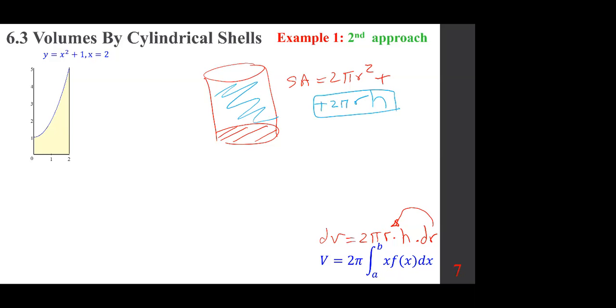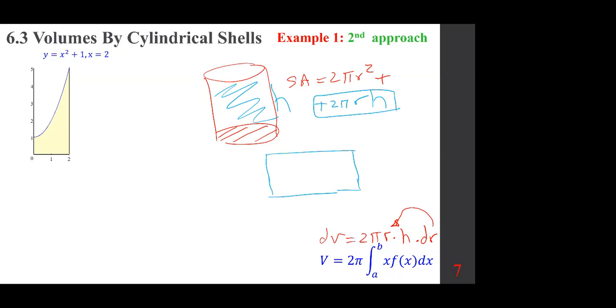Now, if you want to find the volume using the method of shell, you can think about this cylindrical shape and peeling off a very, very slim part of this. And by the way, this lateral area can be opened up as follows.